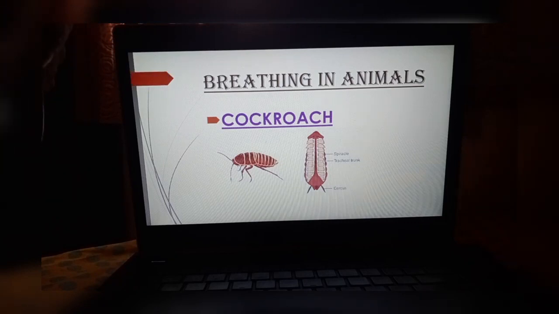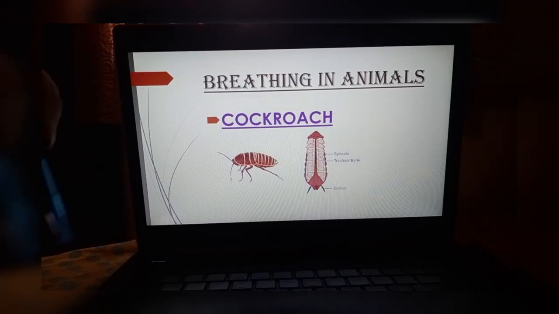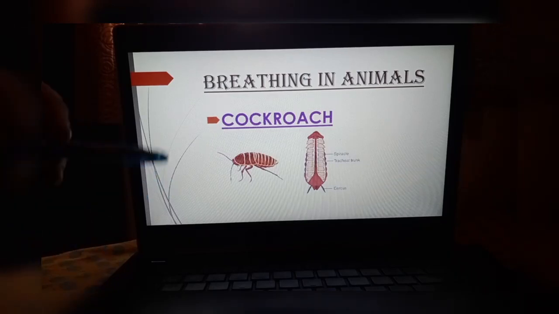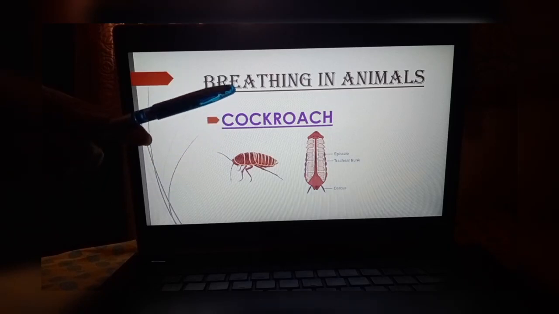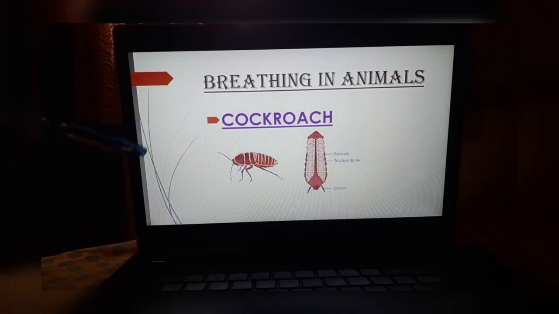Aquatic animals get oxygen from the aquatic plants living in the surrounding water. So aquatic plants give oxygen to aquatic animals and aquatic animals give carbon dioxide to aquatic plants, and this cycle goes on and on. That's why their survival is possible in the water.